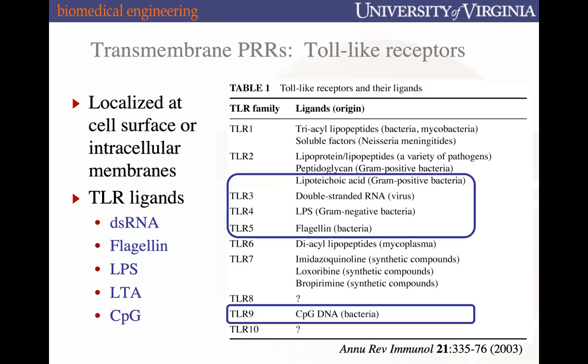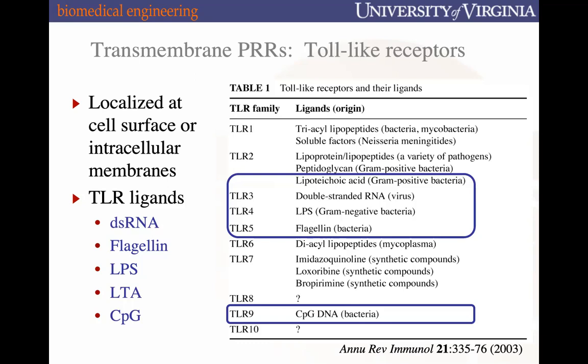So for example, TLR3 recognizes double-stranded RNA. Just to make sure I say this out loud, I'm not asking you to memorize this list, but rather that this is one group of pattern recognition receptors, and where they're expressed is oftentimes dictated by what they recognize. So TLR3, double-stranded RNA, that is only in a virus.